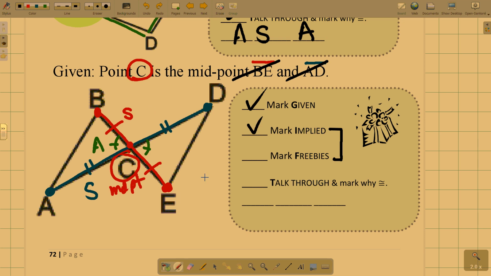Be very careful you don't randomly mark everything equal. You only work through what's implied by the given, and then of course your freebies, things that are always congruent even when they're not marked. So we see here that we have a pair of sides, then a pair of angles, and another pair of sides. So we have side, angle, side.